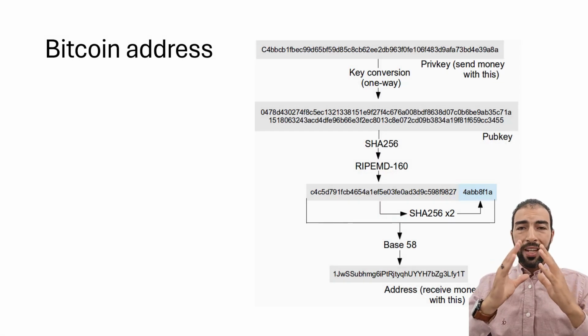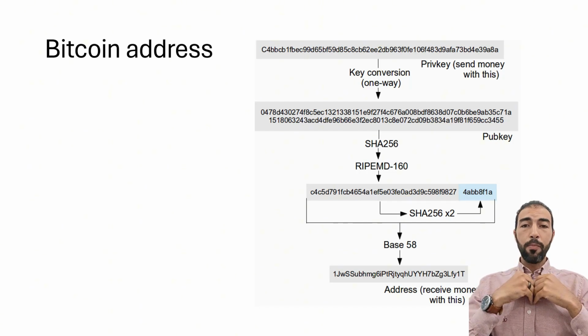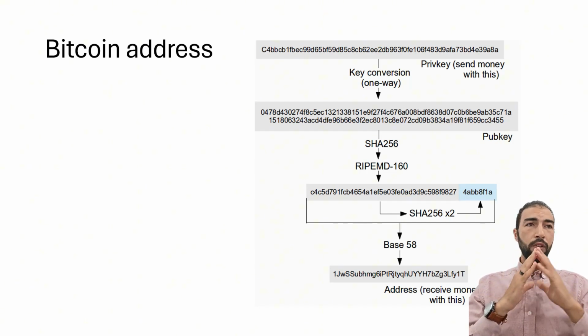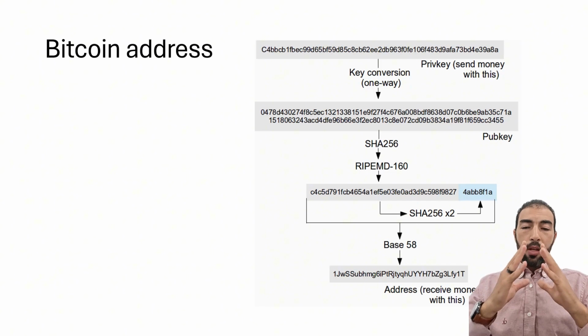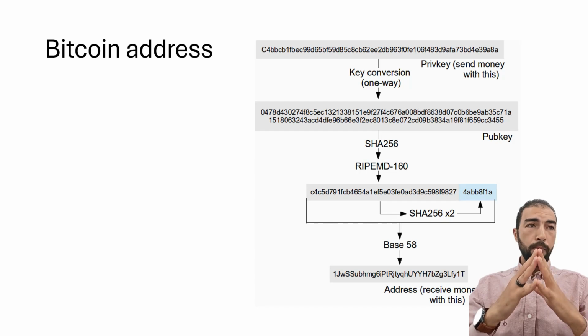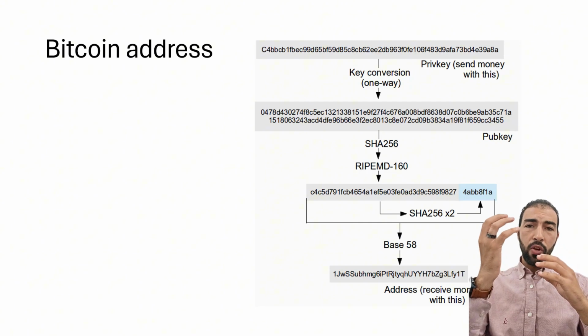Lastly, Bitcoin addresses. What are Bitcoin addresses? When we make our private key in my wallet, I have my private key. As you see here, this is my private key at the top. After that, I take this private key through an algorithm called the Elliptic Curve Digital Signature Algorithm, and it makes my public key.